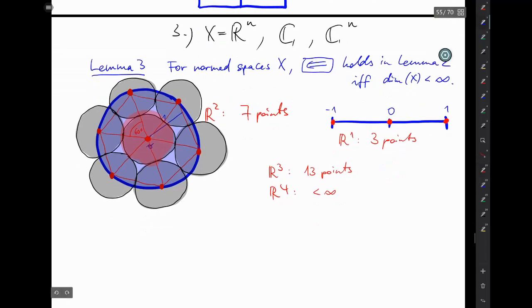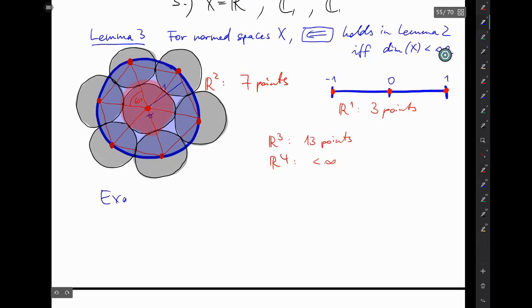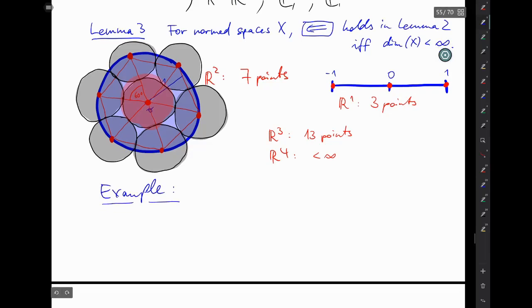Okay, to finally convince you of this fact, here is an example. Take X equal to L2, so we have infinitely long vectors and we are measuring in the 2 norm, and our set S consists of the so-called unit vectors. Let me call them E_n, where n is running through the natural numbers, and E_n is the vector that has zeros everywhere except a 1 at position n.